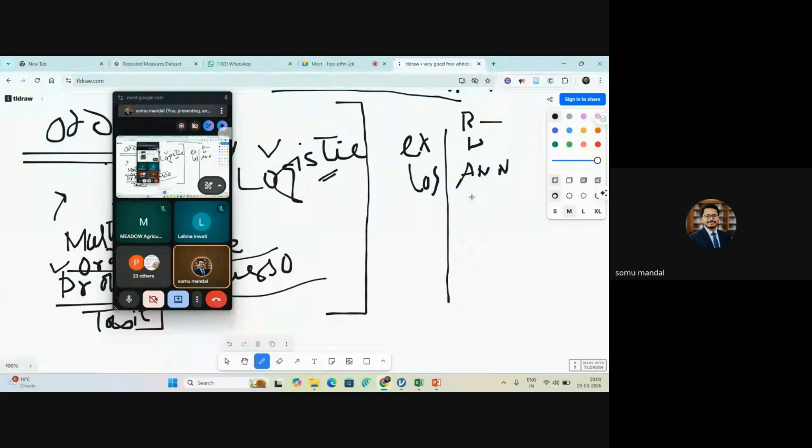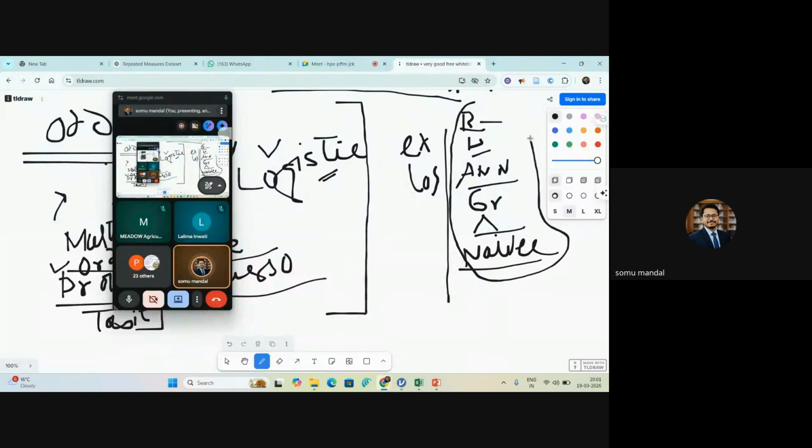Then we can consider the gradient boost analysis, maybe XGBoost, maybe LightGBM, naive Bayes analysis. Nowadays researchers apply these analyses in their research to find out and try to solve complex relationships.